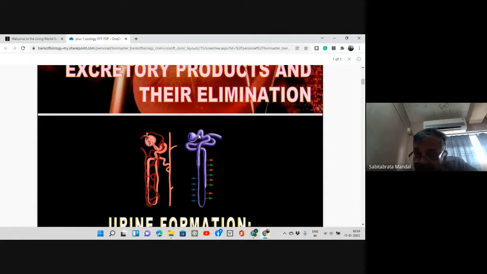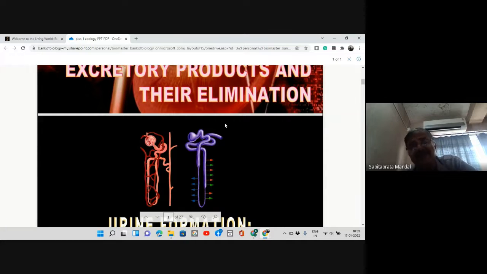So there will be selective reabsorption. Where will the selective reabsorption take place? In the renal tubule: the proximal convoluted tubule, the Henle's loop, and the distal tubule.